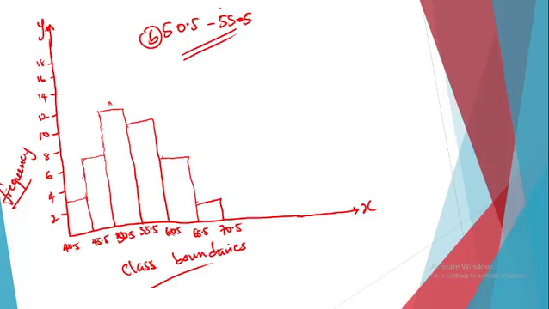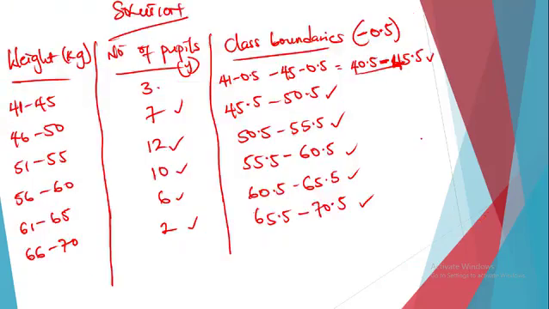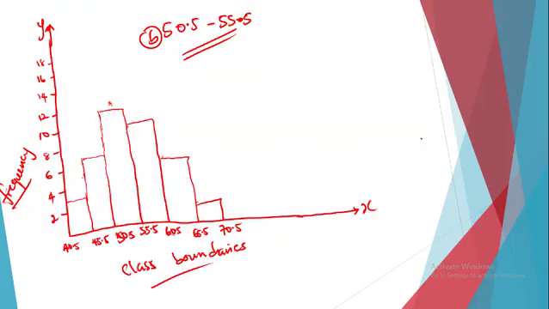Do we understand? Okay, then C part of the question said we should estimate the modal weight of the distribution. How do we do that?